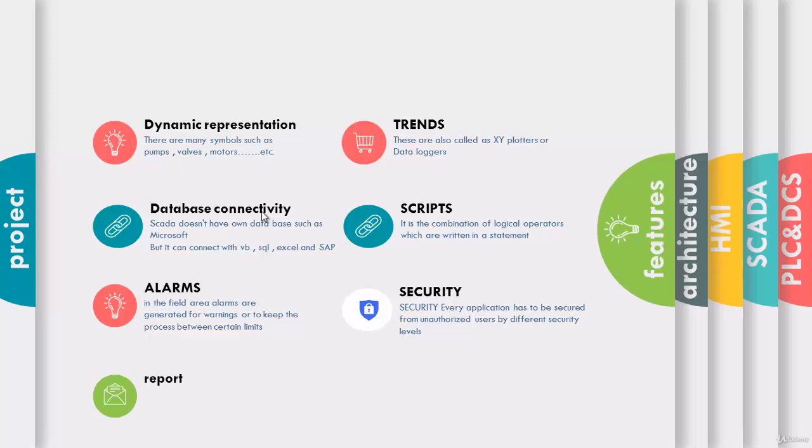Script can be described as a combination of logic operators which are written in statements, such as if statement, when statement, and for statement. Let's go to alarms. In the field, alarms are generated for warning or to keep the process between certain limits. Let's say we have a room. The temperature of this room must be between 10 degrees and 30 degrees.